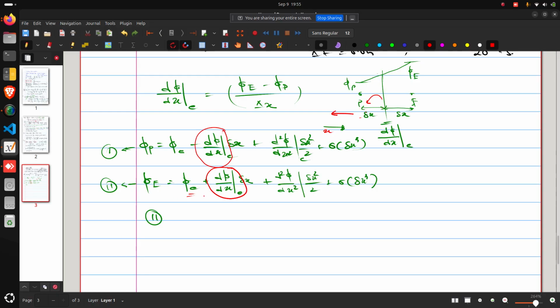But when we go from small e to cell center capital E we have to move forward in the x direction, right? That is why it is positive. Since we have to move backwards, it is negative for phi p.